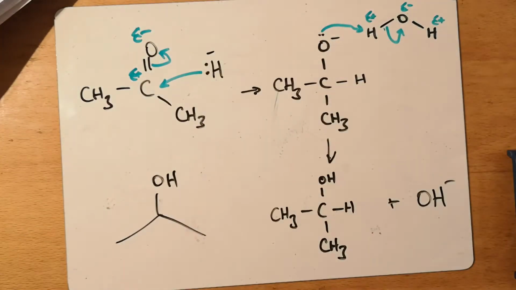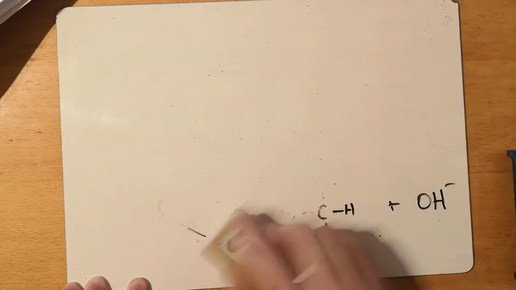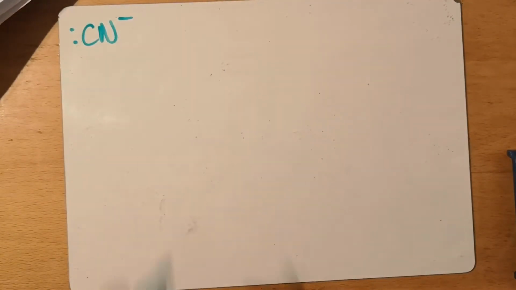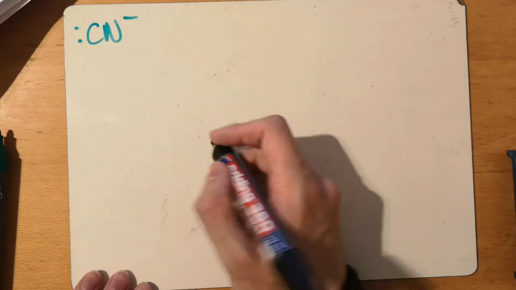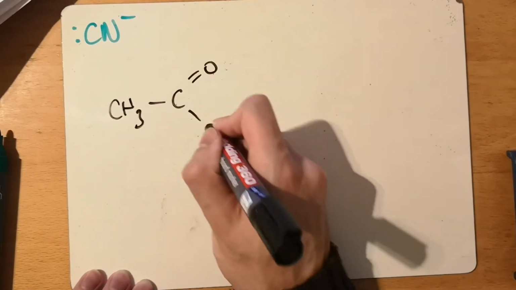So we can do nucleophilic addition with other compounds, such as the CN minus ion. So the CN minus ion, let's add it to just a small aldehyde.